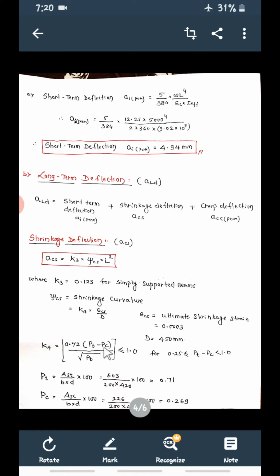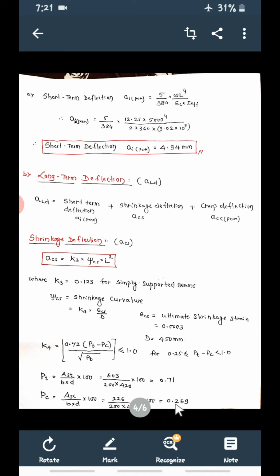PT is 0.71. Similarly, what is PC? Percentage of compression reinforcement, that is the area of compression steel ASC divided by BD into 100. ASC at the top, you have provided 2 bars, ASC is 226, divided by 200 into 420, so this will be 0.269.